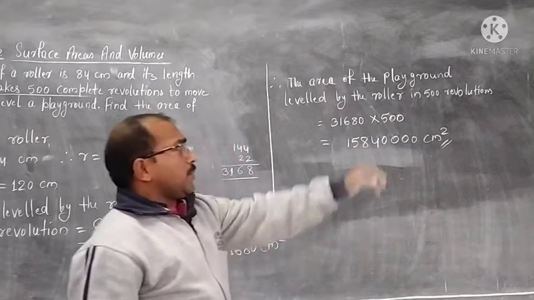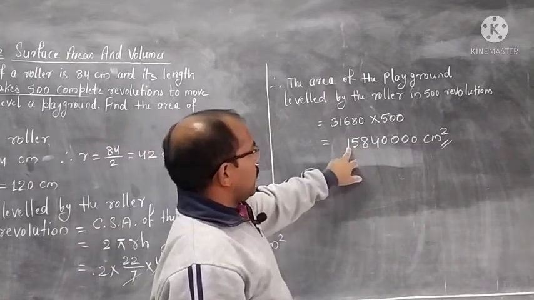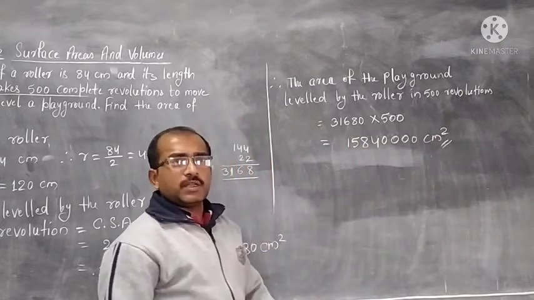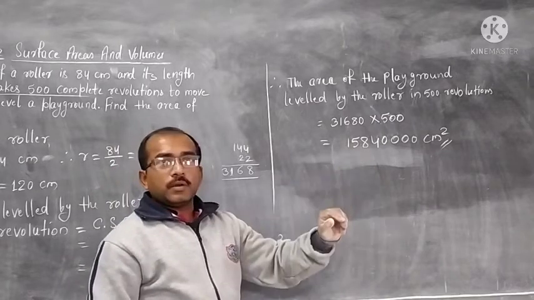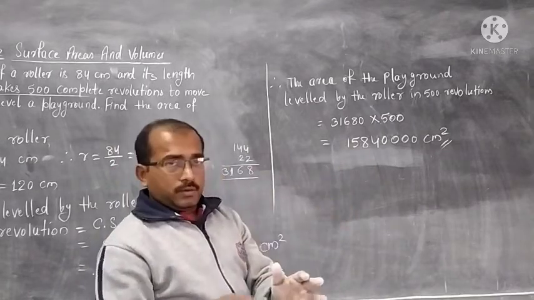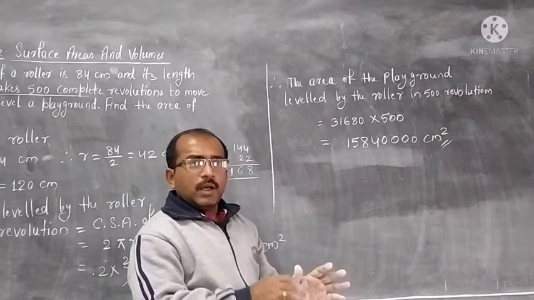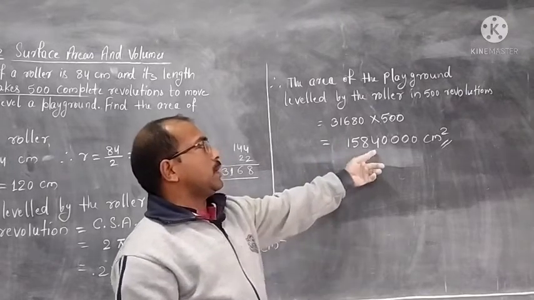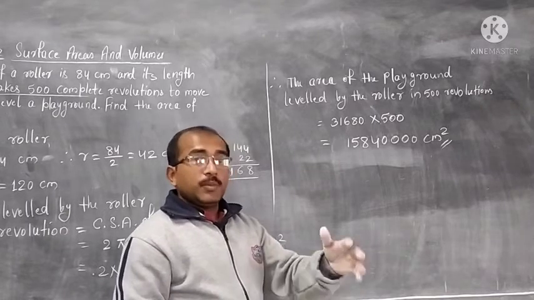So, this is a big dimension. If we say 1,58,40,000 centimeter square, it is right, not wrong, but it looks a little funny. So, we need to convert the dimensions or area or volume into practical language. We will not say 1,58,40,000 centimeter square, rather we would like to say it in meter square.